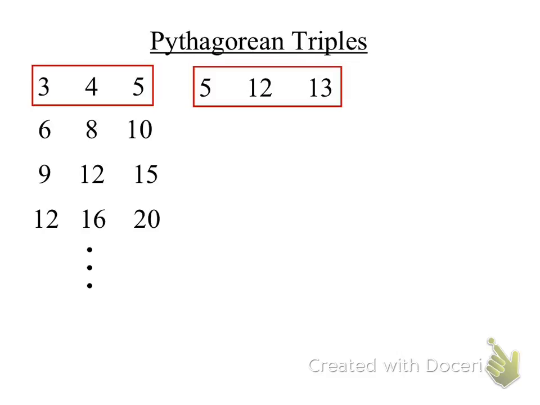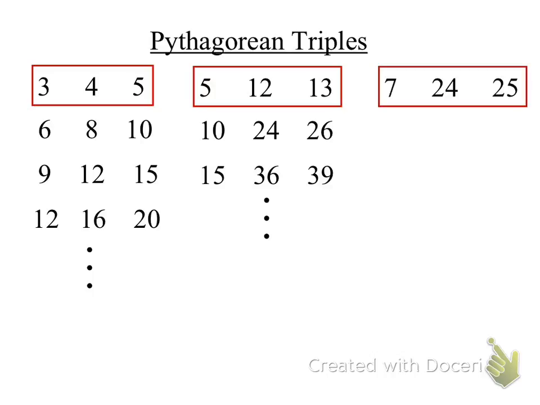So 5, 12, 13, double it: 10, 24, 26, right? Triple it: 15, 36, 39. You get the idea? So if you just really learn 3, 4, 5 and 5, 12, 13, and here's another.